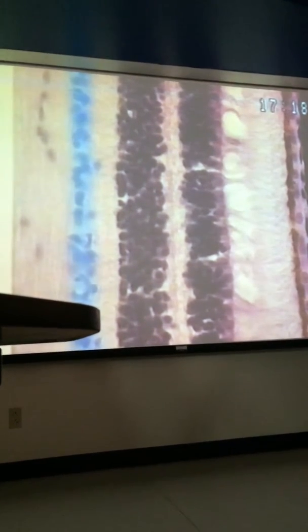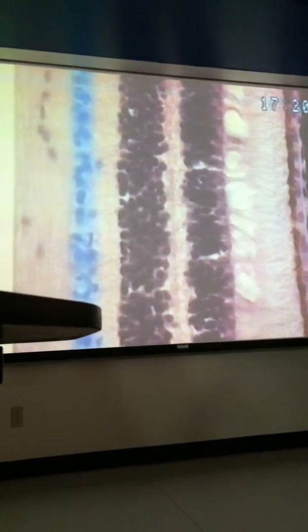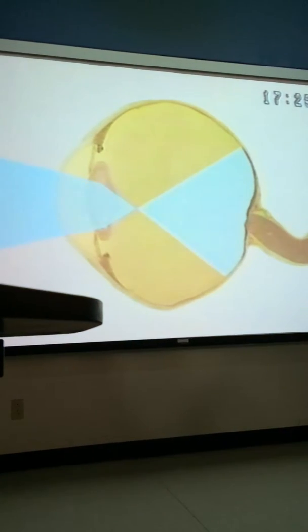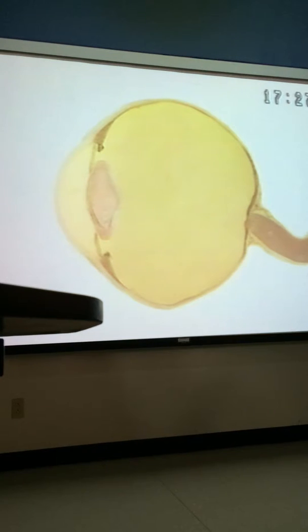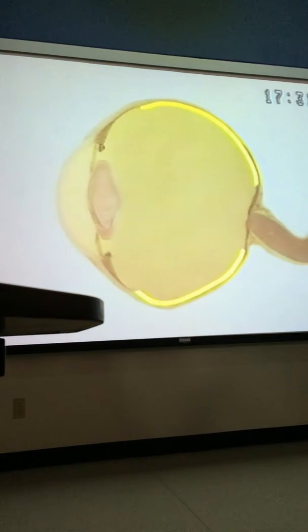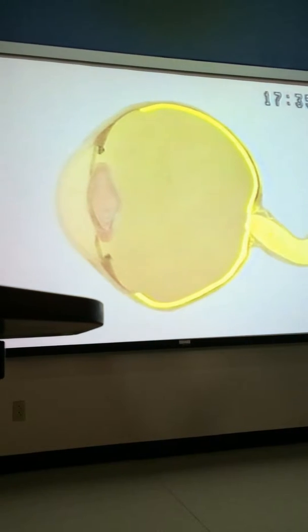These are the only cells in the retina with axons, which transmit action potentials. The retinal ganglion cell axons come together at the center of the retina to form the optic nerve, which carries the visual information to the brain.